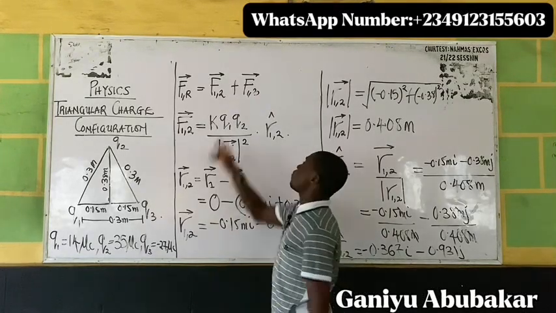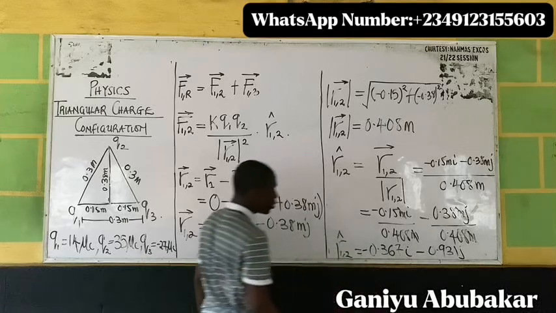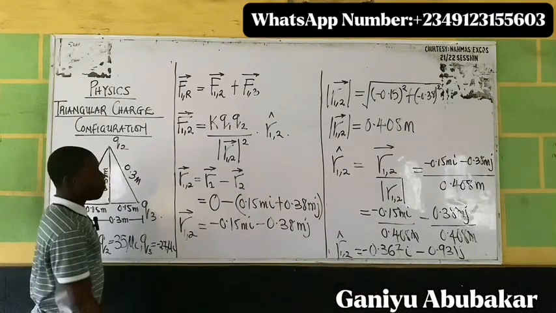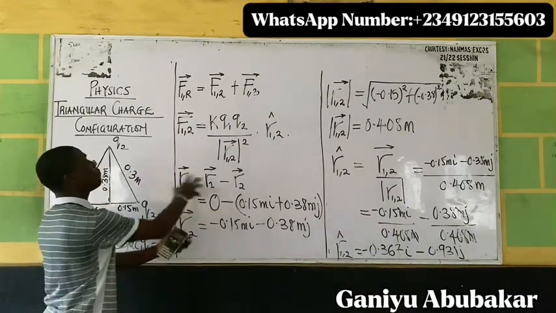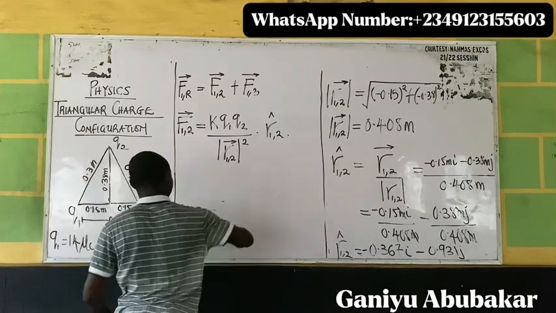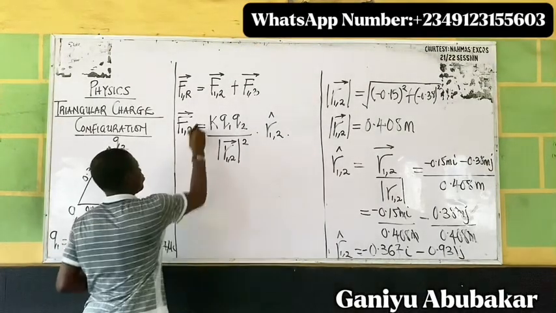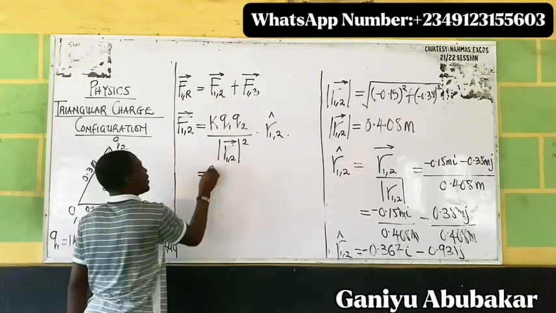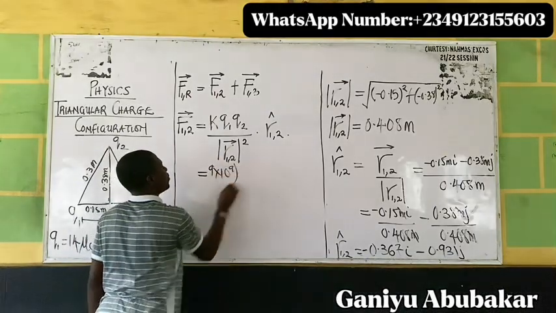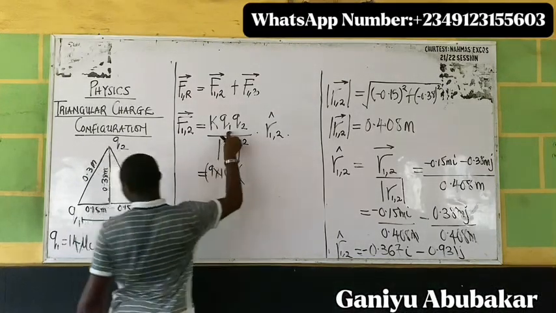Alright, let's substitute in the values. Let's get F12. This is equal to K, which is 9 times 10 to the power 9, into Q1.